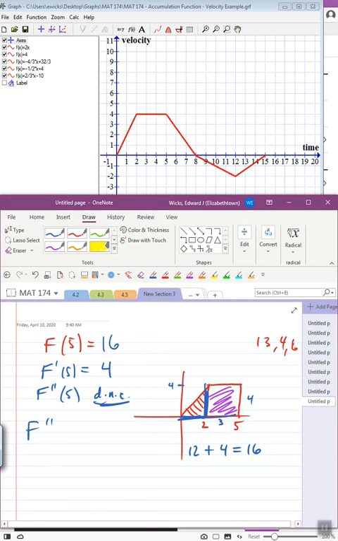What is f double prime? It's the slope of the graph you're looking at. That is, it's the slope of v. Does that graph you're looking at have a slope at t equals 5? What's happening there at t equals 5?